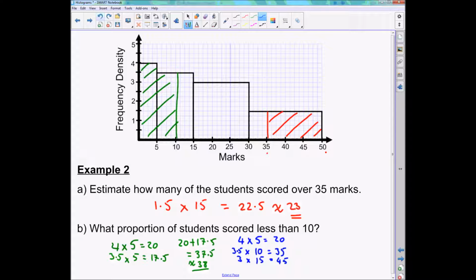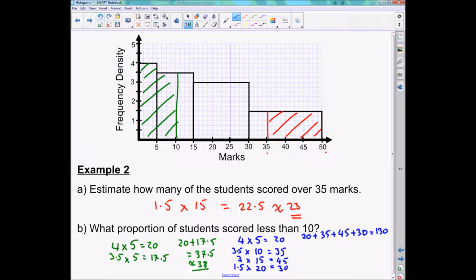And finally, I've got a frequency density of 1.5, need to multiply it by a class width of 20, and I get a frequency of 30. Now adding all of these values up, 20 plus 35 plus 45 plus 30, I get a total of 130 people.